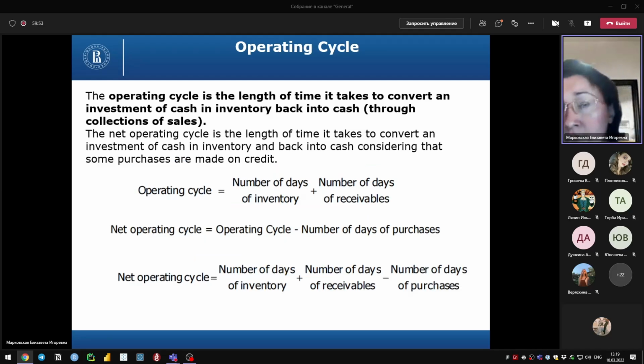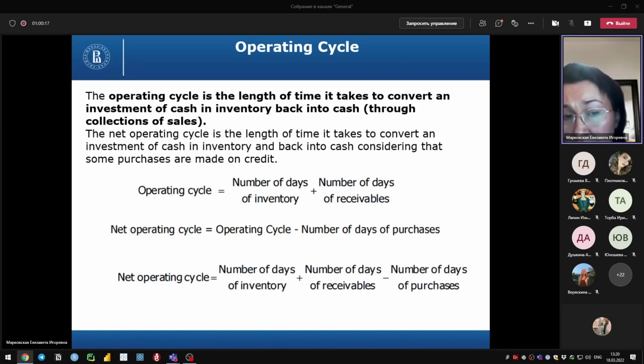And it's very important to understand the duration of the operating cycle, to compare our operating cycle and to analyze it. If there are some changes in the operating cycle, we have to analyze the main causes of these changes.